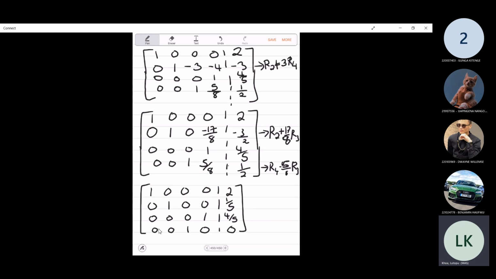So from this it is obvious that x3 is equal to 0, because from this equation here, we can see that x3 is equal to 0.